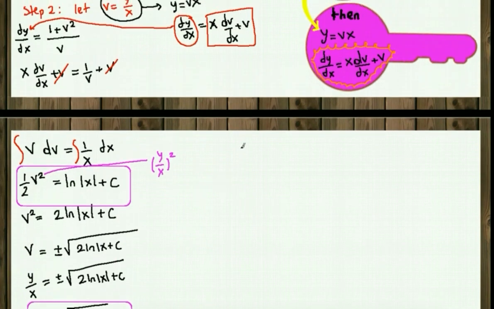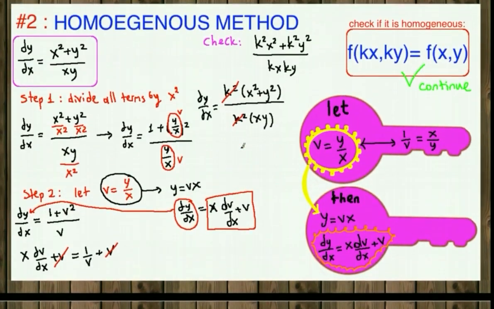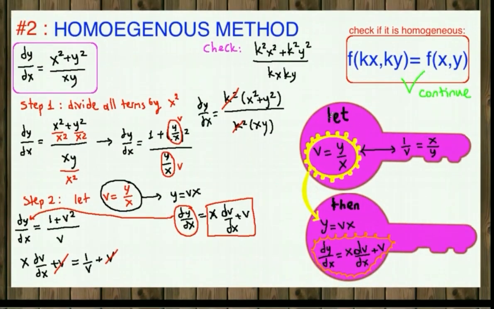So let's recap. In the homogeneous method, the very first checklist item is that we need to check if the function is homogeneous. And to be able to do that, we need to substitute kx for x and ky for y to see that it is going to be equal to the original function.